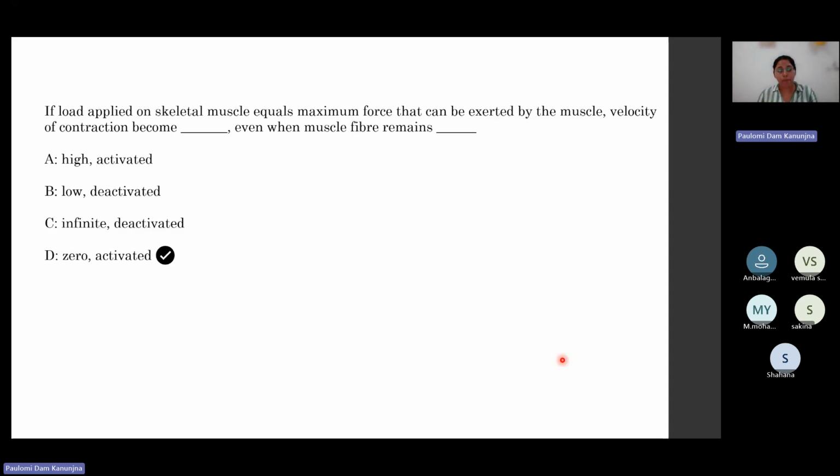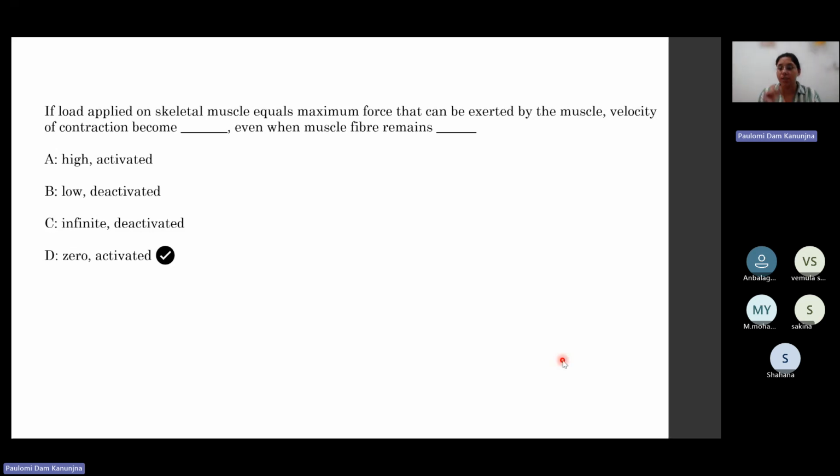So zero contraction, even if all the other processes which we just read about can take place: the overlap of actin and myosin, removal of ATP, removal of inorganic phosphate, ATP generation, everything else. But because it is at its maximal force capacity, it will be zero contraction.